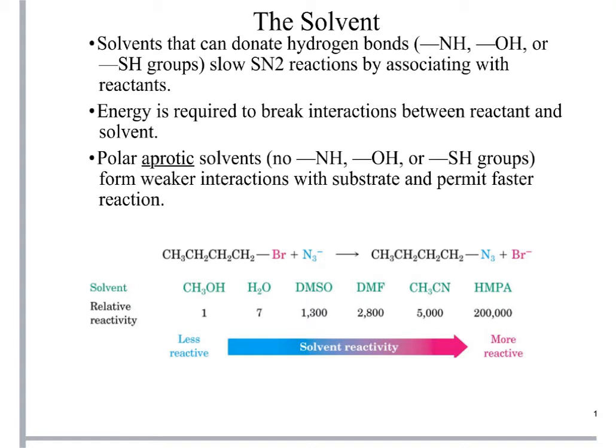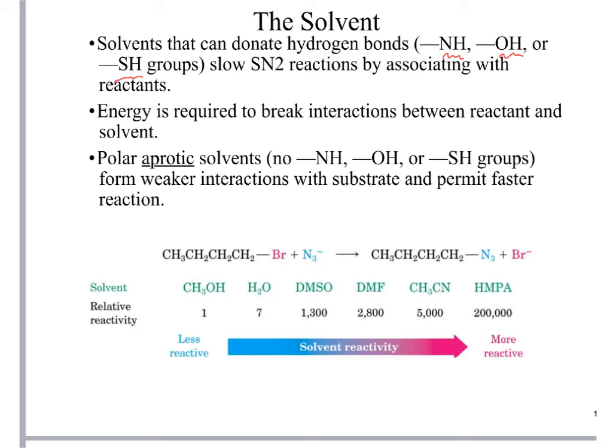Solvent. Solvent is really important in SN2 reactions. Solvents that are protic, meaning those that can form hydrogen bonds, so those compounds that have a nitrogen-hydrogen, oxygen-hydrogen, or sulfur-hydrogen bond, will slow down SN2 reactions because they will associate themselves with reactants via hydrogen bonds.